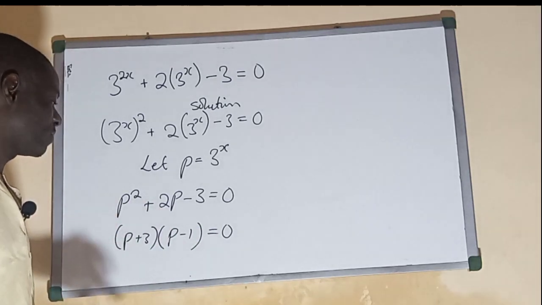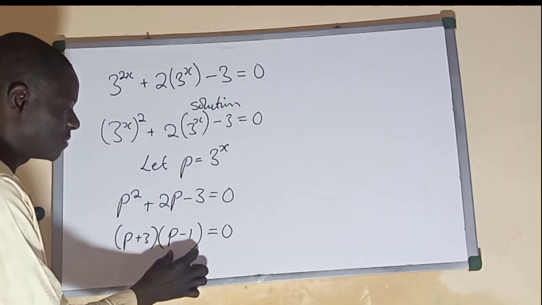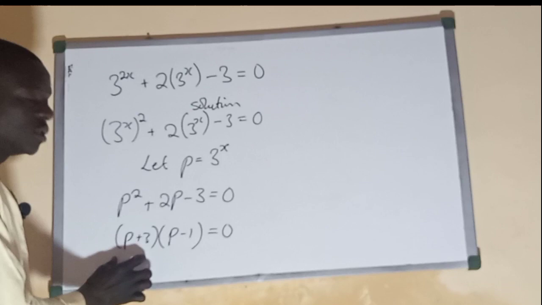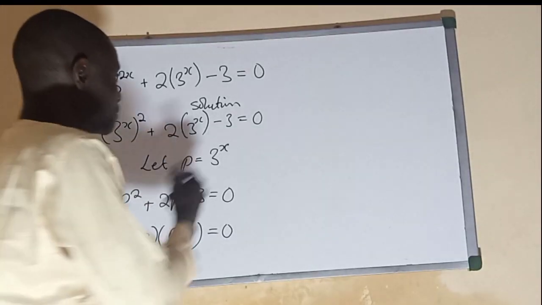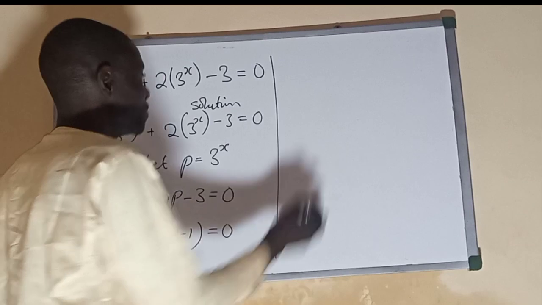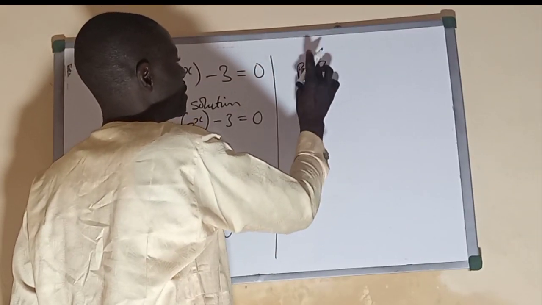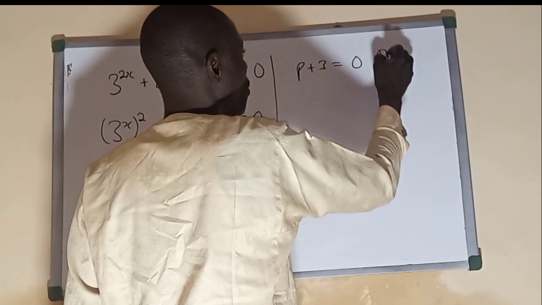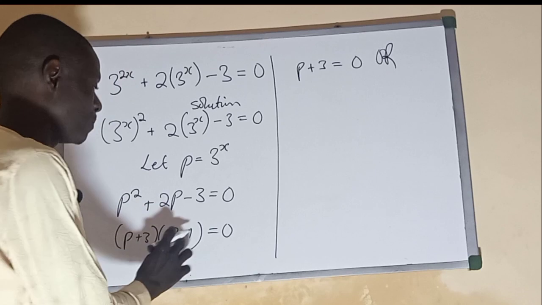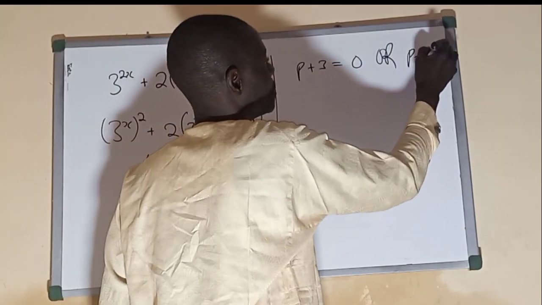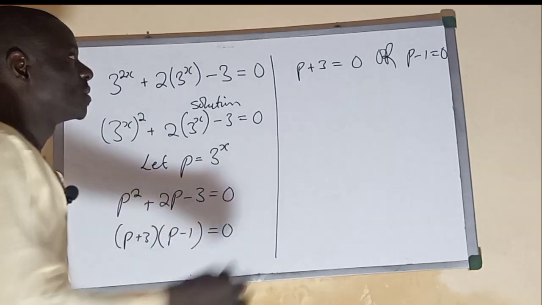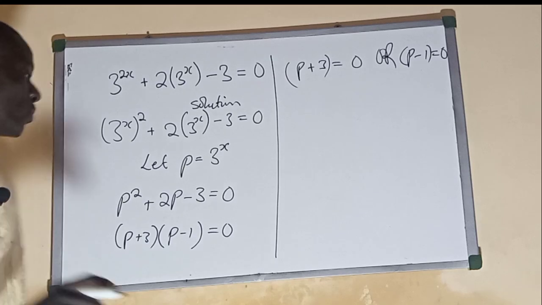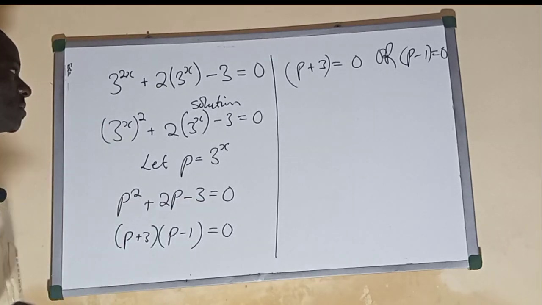So if we multiply this one and this one and it gives us 0, then either this one is 0 or this one is 0. So we say phi plus 3 equals 0, or phi minus 1 equals 0. Either this one or this one must be 0 to satisfy this condition.